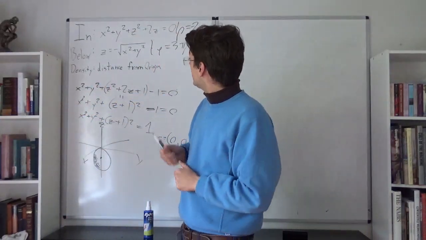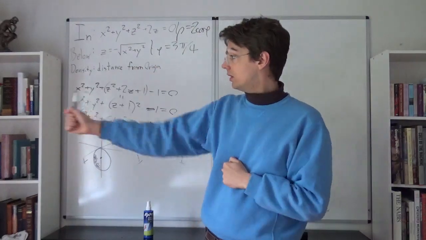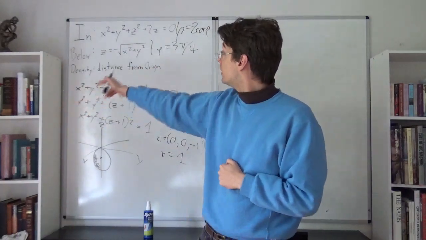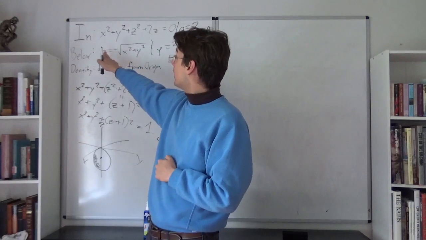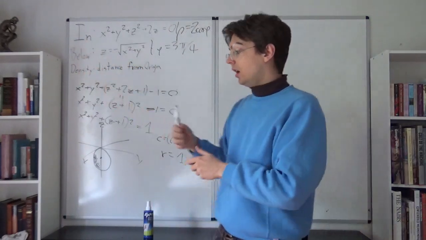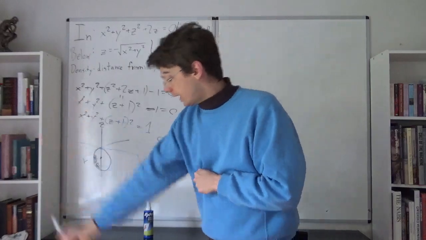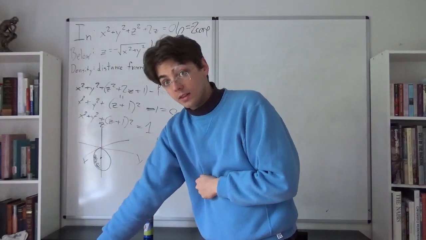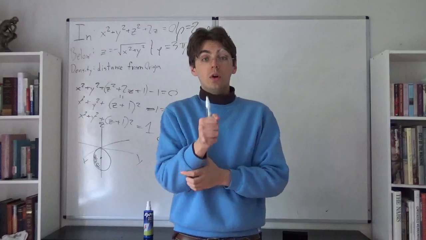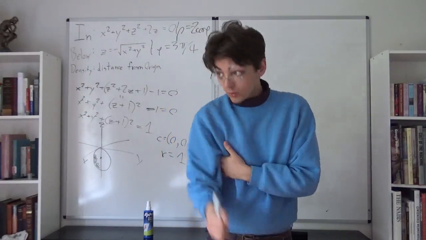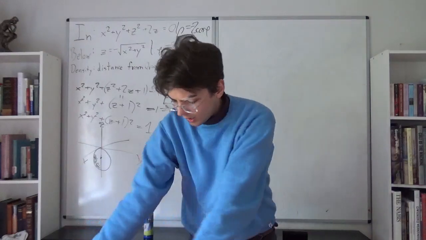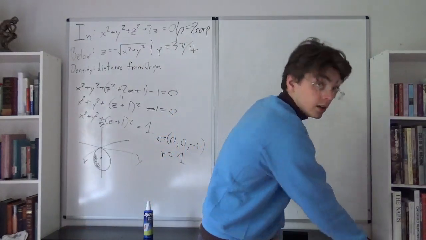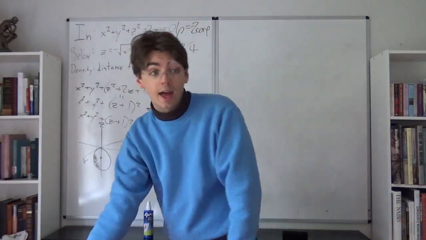If I move 1 out on the xy plane, then that 1 will be multiplied by negative, and I'll get negative 1 for z. So I move 1 out, I go down 1, right? So I'm right there. Same thing if I moved forward 1, it'd be down 1, or diagonally 1, it'd be going down 1. So it looks like I am like this, okay? The cone is below me like that.